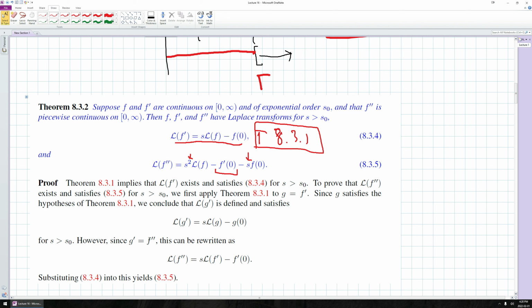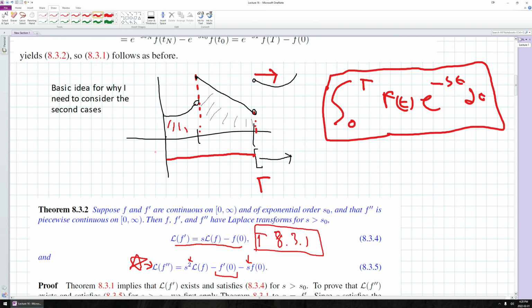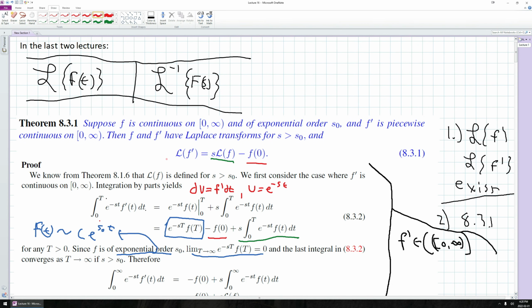But g prime is again f double prime, so from there I can do this replacement where I replace g with f prime, and once I do this I get this expression here, but at this point I don't know what the Laplace transform of f prime is, so I take this thing up here and I just plug it in. Pretty trivial.